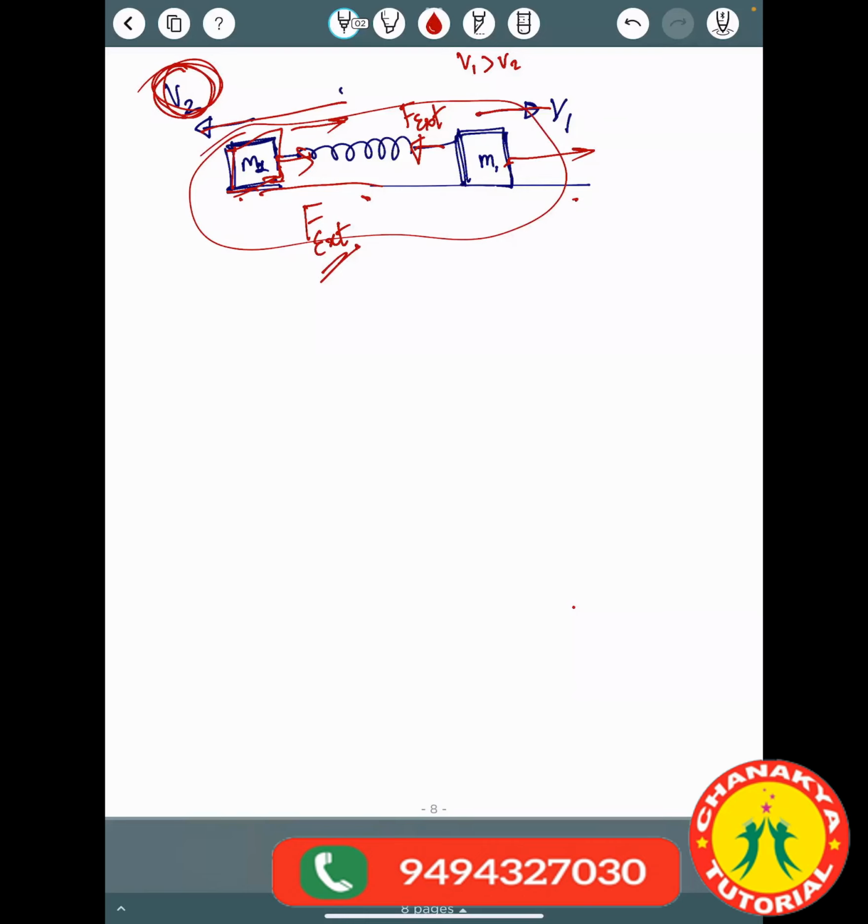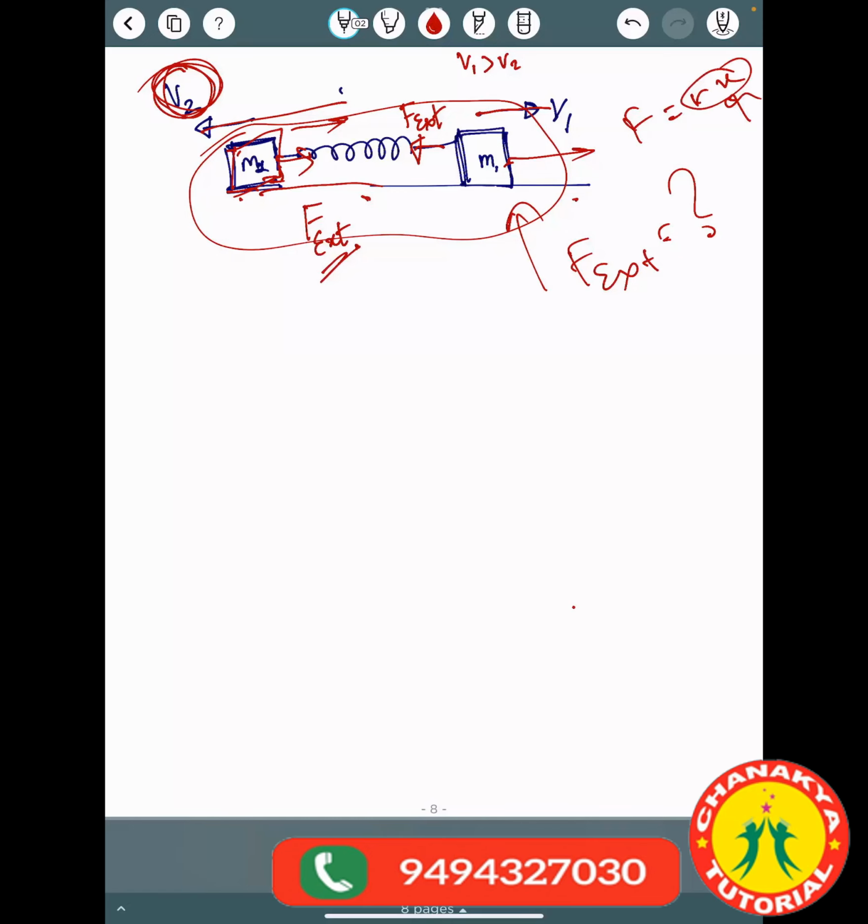So on this system, is there any external force? No, right? Because the spring force which is acting is internal and the total spring force is 0. On M2 it acts in one direction, on M1 in another direction, and they are of the same magnitude, because F is Kx and x is the same. So the net is internal force. Understood? So no external force.